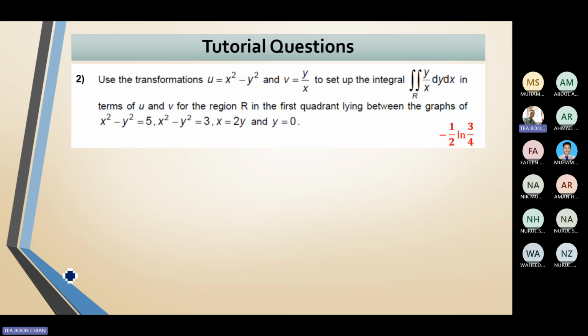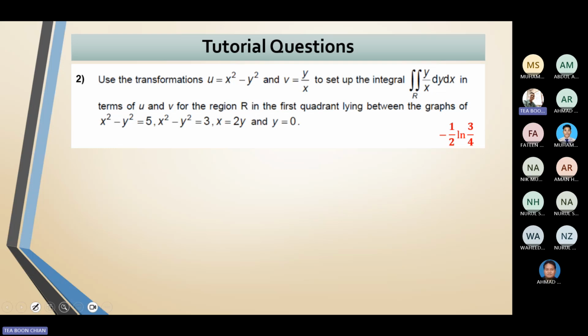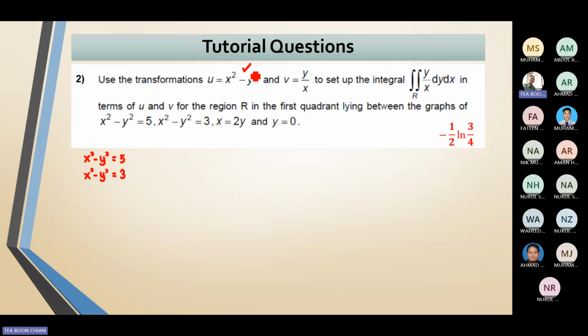Like I said, the most important part is you should be able to recognize the 4 equations and how to pair them up. So in this case, we have the equations x squared minus y squared equals 5 and x squared minus y squared equals 3. Whenever you write out the equation, immediately you should recognize some pattern. Here, U equals x squared minus y squared.